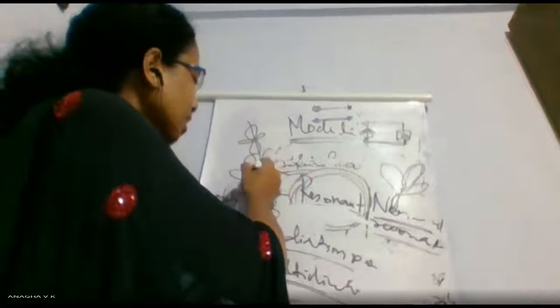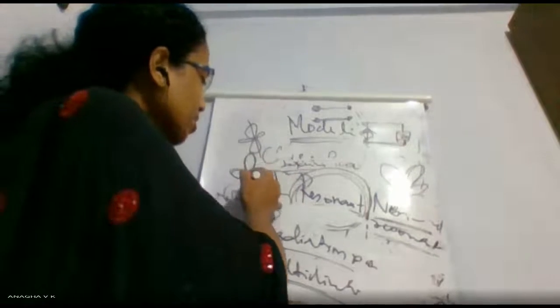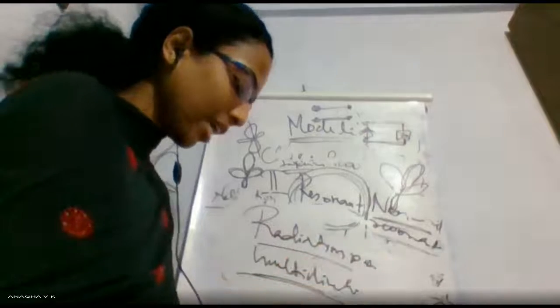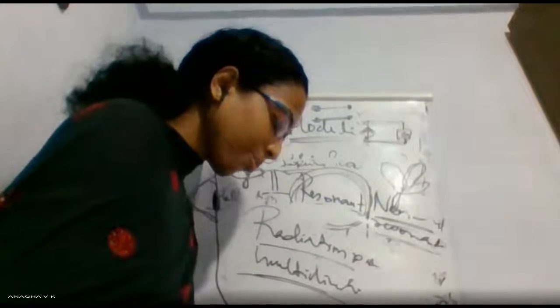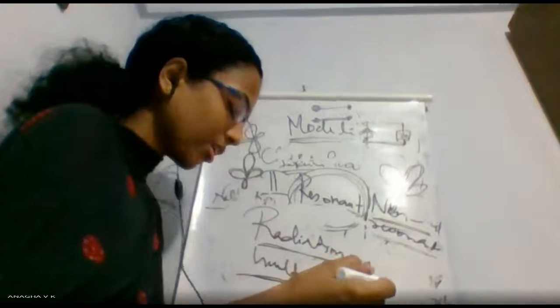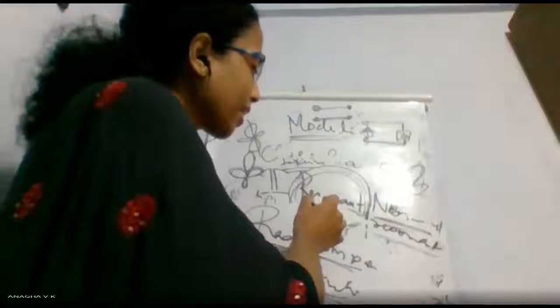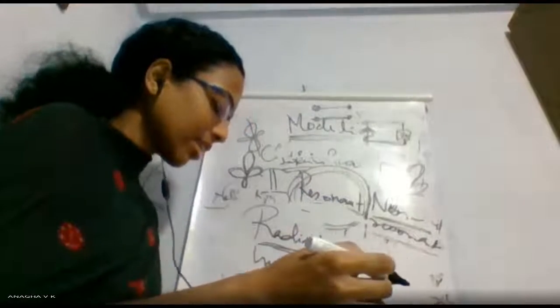Directionality comes in because of the side lobes. So radiation patterns are multi-directional in the case of a resonant antenna.